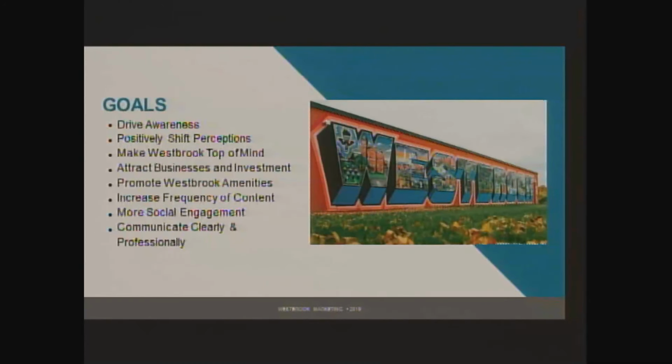Some of our goals are to drive awareness about Westbrook, positively shift perceptions, keep Westbrook top of mind, attract business and investment, promote Westbrook's amenities, increase frequency of content, create more social engagement on our social media channels, and to communicate clearly and professionally with our marketing collateral.